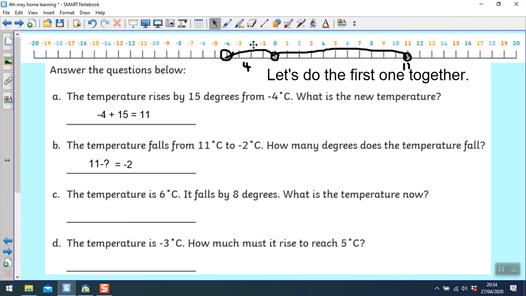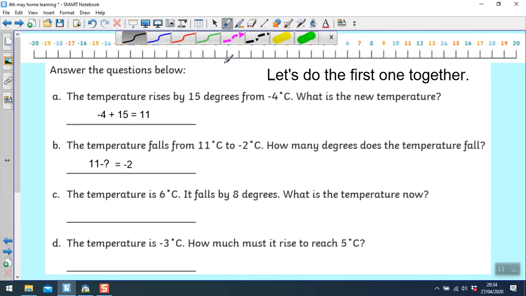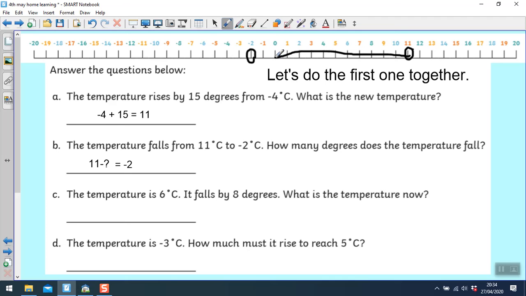So what I could do is use my number line. 11 degrees take away something equals negative 2. So I could jump to 0. 11 take away 11 equals 0. 0 take away 2 equals negative 2.